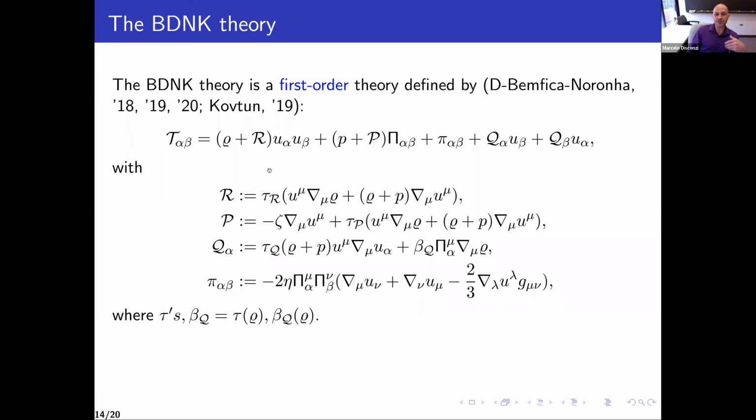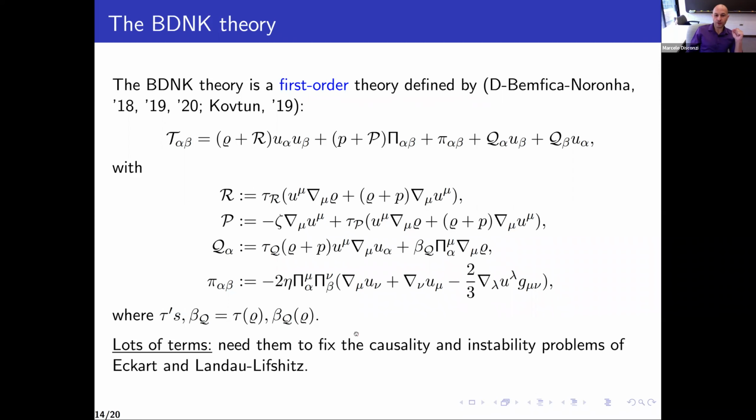And in the BDNK theory, the viscous fluxes are defined by these very complicated expressions. Now, you don't have to worry too much about the details of all these complicated expressions. But of course, this is not the kind of thing that you wake up one day in the morning and just guess. There is a reason why they are defined this way. I'm going to tell you a little bit more about this later. So for now, let me just define the theory, which is given by these viscous fluxes.